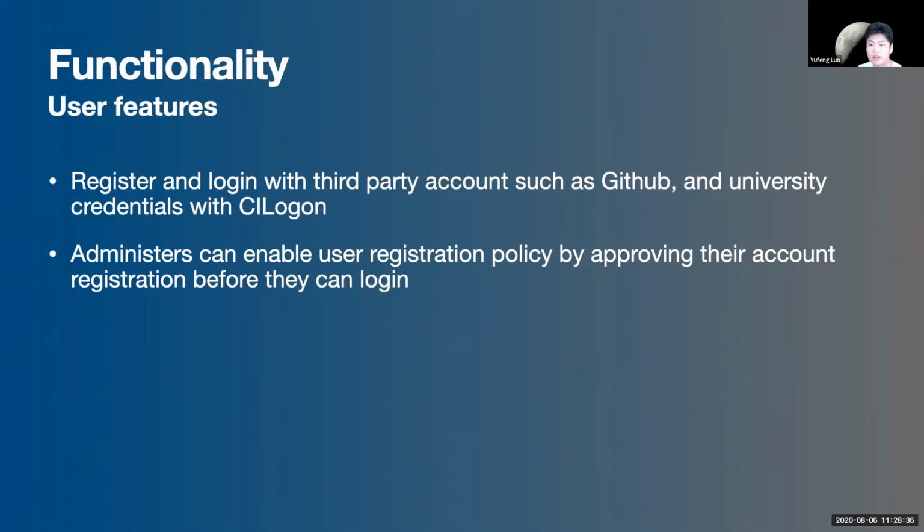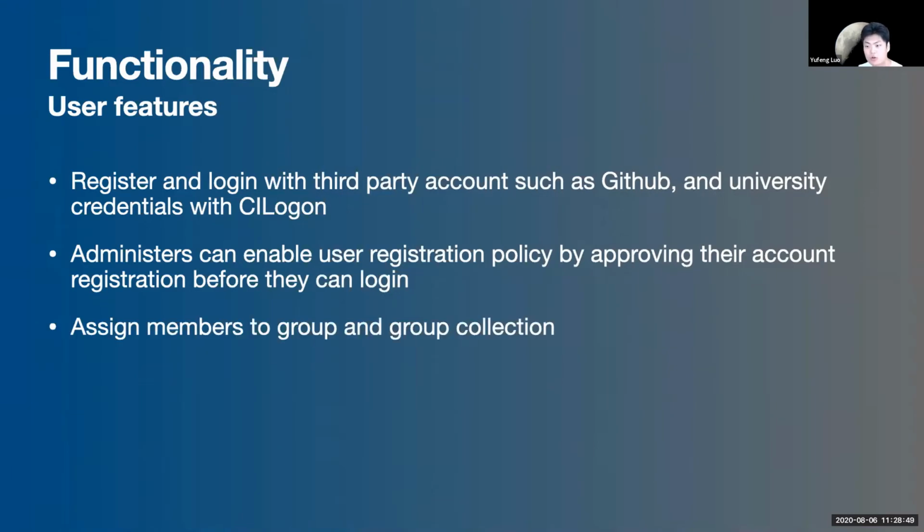In that case, we can get user information more directly and more correctly. We also want administrators to be able to enable a user registration policy, so we can keep any bots or spam out of our Data Vault, because they will not be able to log in before they get approved by the administrator. Lastly, we also want to assign members to groups and group collections, so we can foster collaborations within the same group and share data among them.